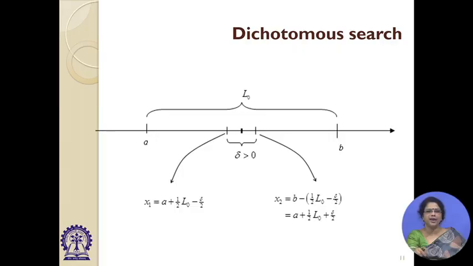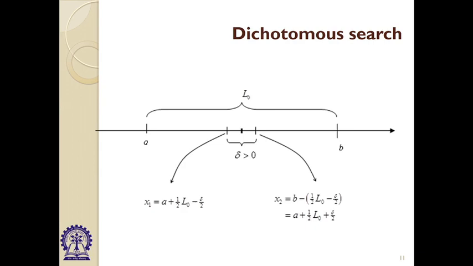Okay. Now, we will take x1 and we will take x2. That is why x1 would be equal to a plus L naught by 2 minus delta by 2, and x2 would be b minus L naught by 2 minus delta by 2, within brackets. Okay. And here now my x1 and x2 are there. Just as I was mentioning the region elimination technique, x prime and x double prime.